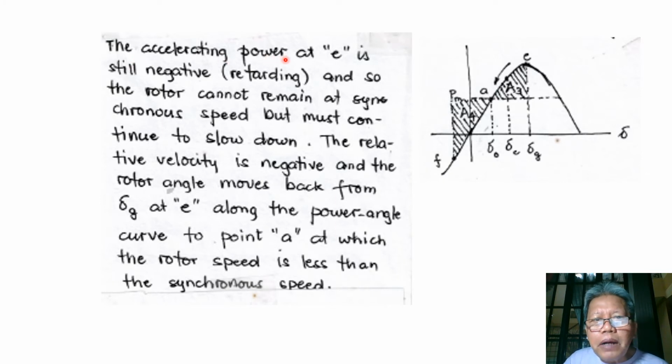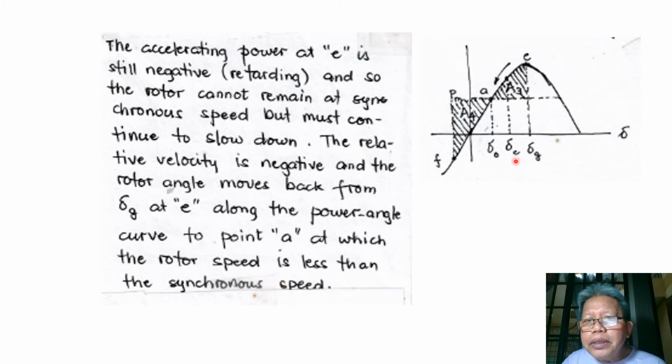Now, the accelerating power at E is still negative, meaning retarding. And so the rotor cannot remain at synchronous speed, but must continue to slow down. So the relative velocity is negative and the rotor angle moves back from delta G to E, along the power angle curve to point A, at which the rotor speed is less than the synchronous speed.